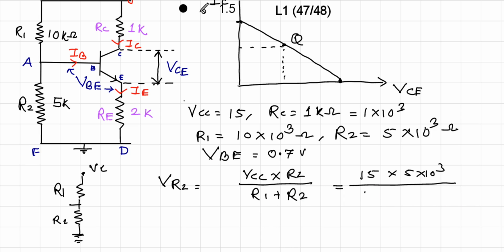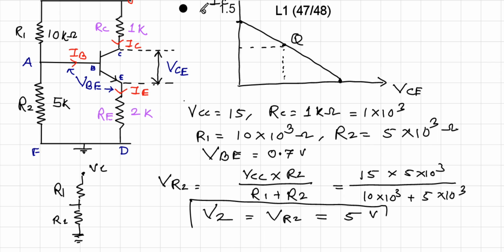R1 is 10 into 10 raised to 3 plus R2, that is 5 into 10 raised to 3, and that is equal to 5. So one thing we got, that is voltage across R2, or we can even say that is V2, that is equal to 5 volt. Using voltage divider theorem we can find out.